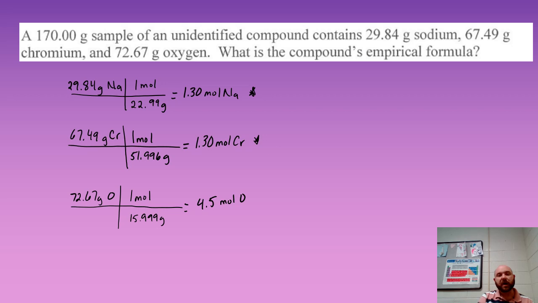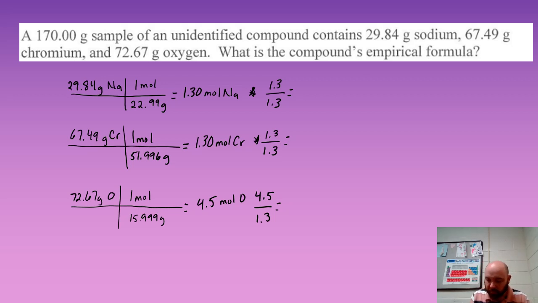So I'm going to divide all of the molar quantities by that smallest molar quantity. So I'll divide all of these by 1.3. So 1.3 divided by 1.3, 1.3 divided by 1.3. And in this case, for oxygen, it will be 4.5 divided by 1.3. And so that will tell us the whole number ratio, hopefully, of moles of each compound.